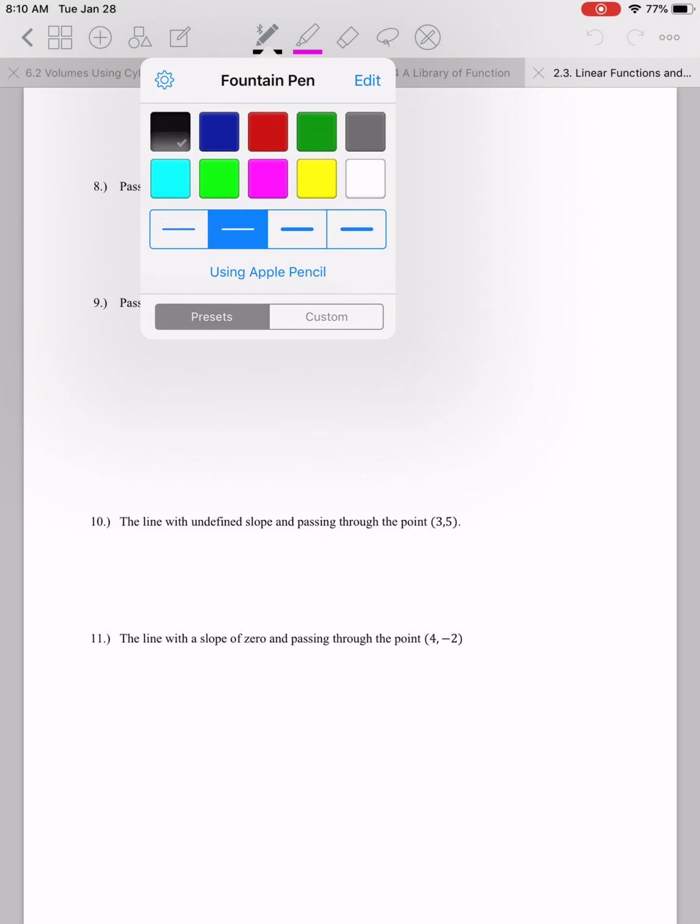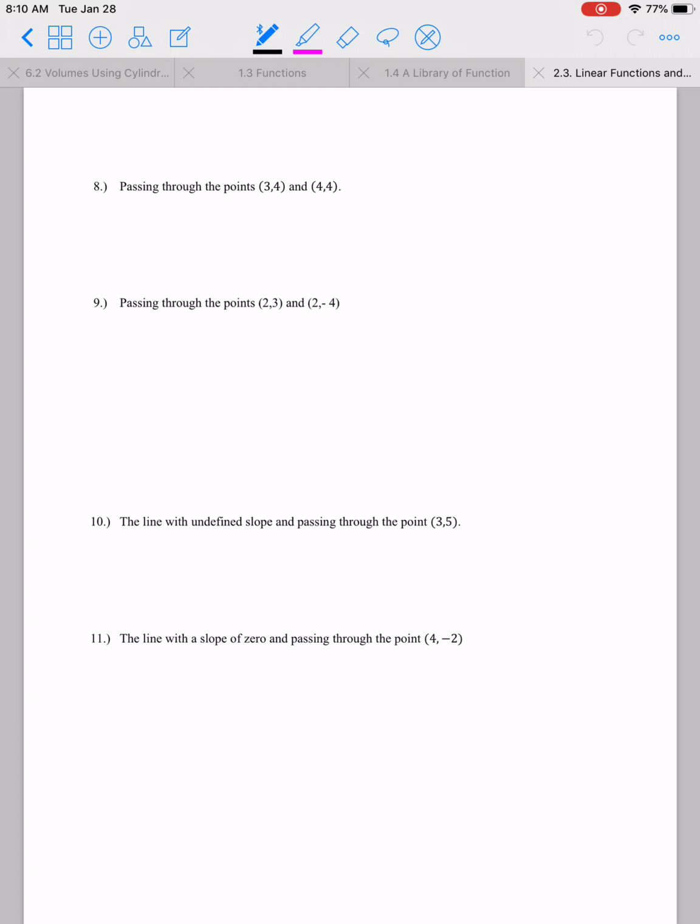And so for this one, we have a line passing through the points 3, 4, and 4, 4. And so again, we're going to have to find the slope. M is going to equal y minus y, that's 4 minus 4 this time, over 4 minus 3. So I picked this as point 2 and this is point 1.